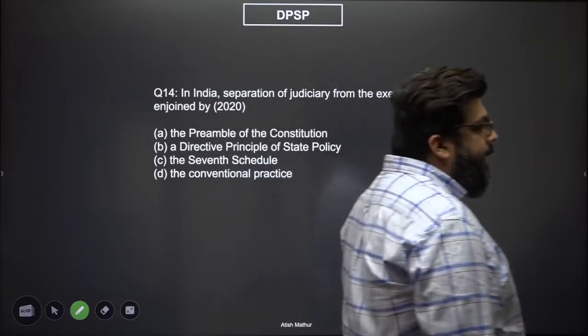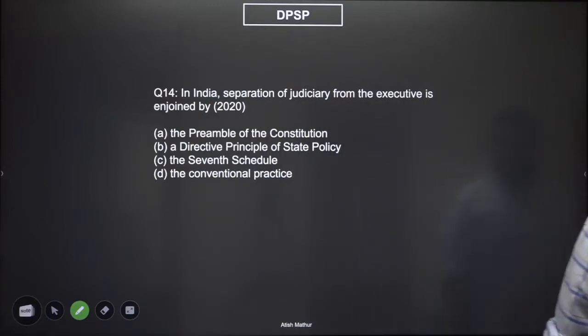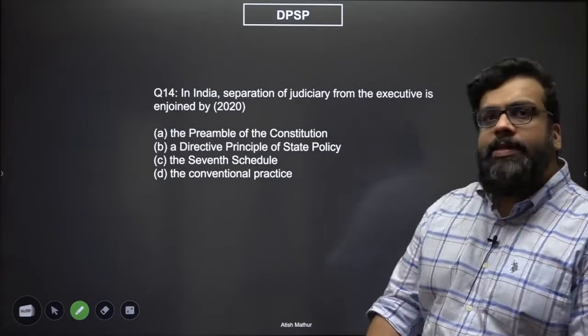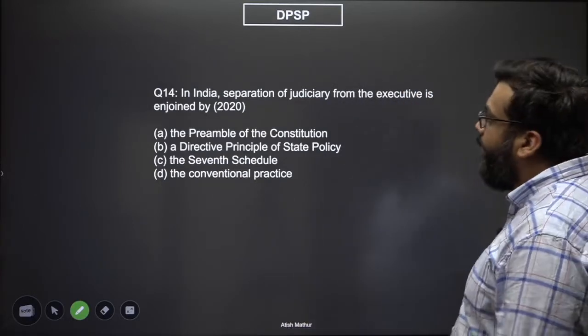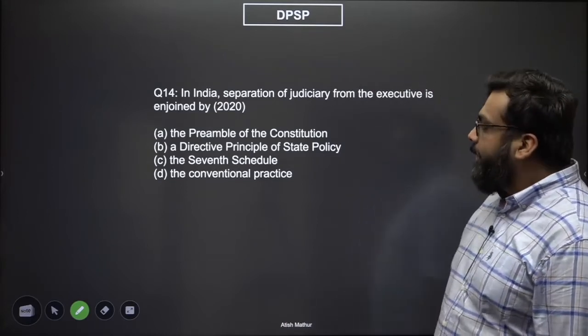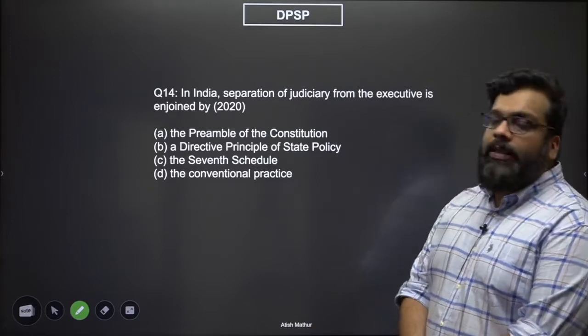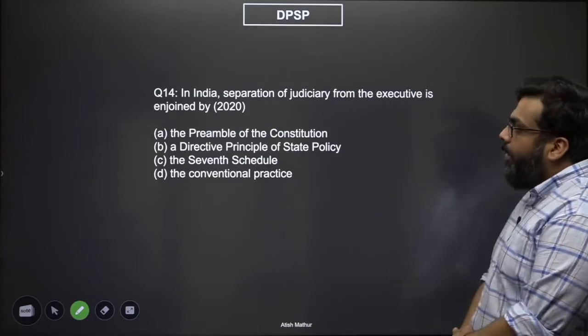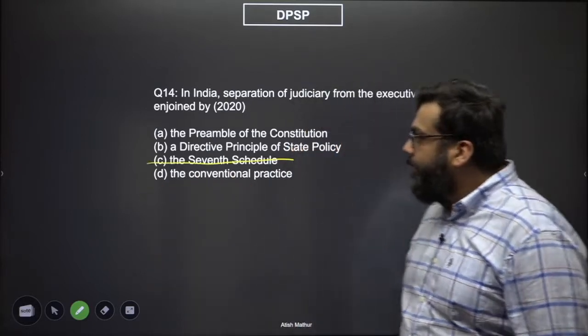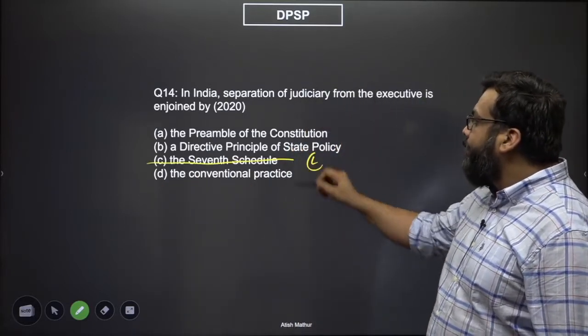In India, separation of judiciary from the executive is enjoined by, which means where is it given, where is it mentioned? The preamble, directive principles of state policy, the 7th schedule, and of course a conventional practice. Now, it's definitely not the 7th schedule, because the 7th schedule talks about legislative powers.